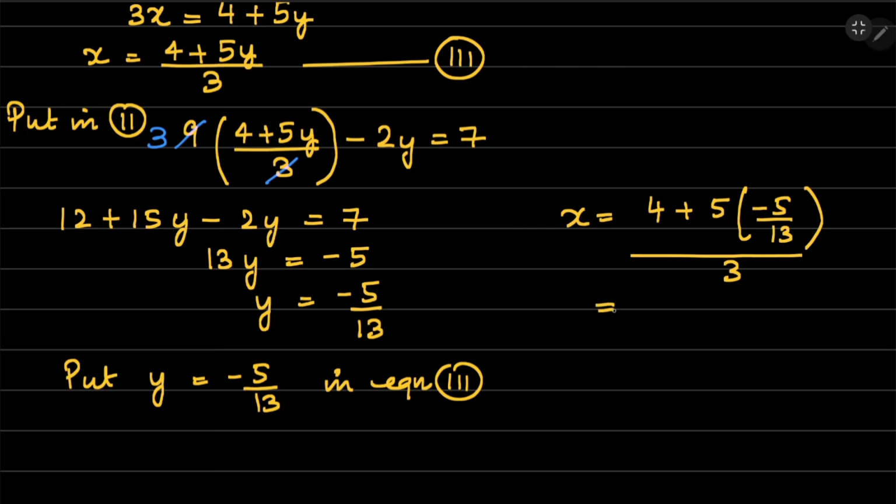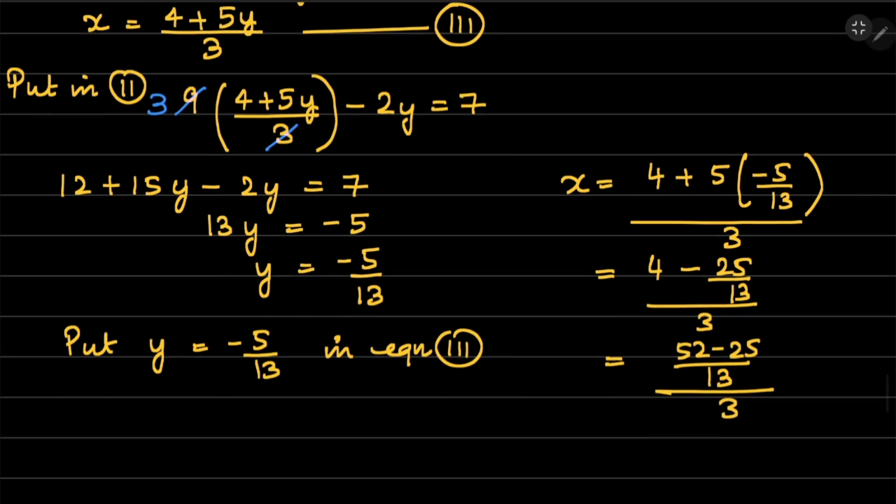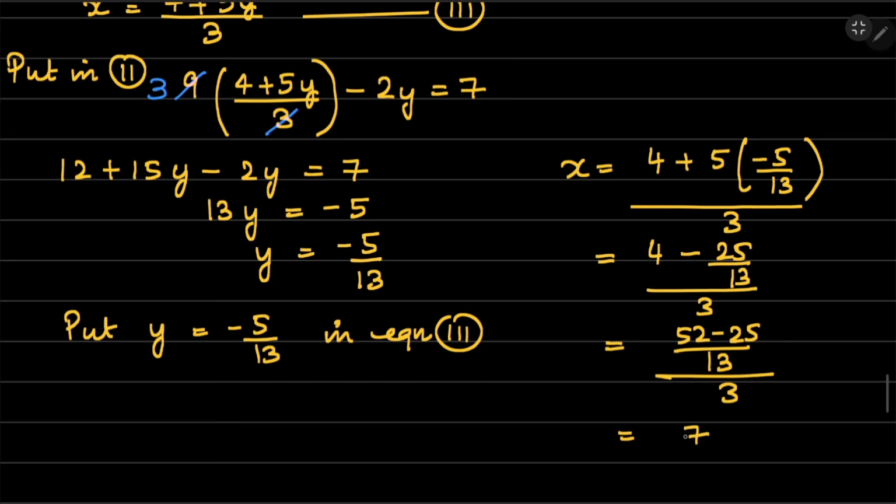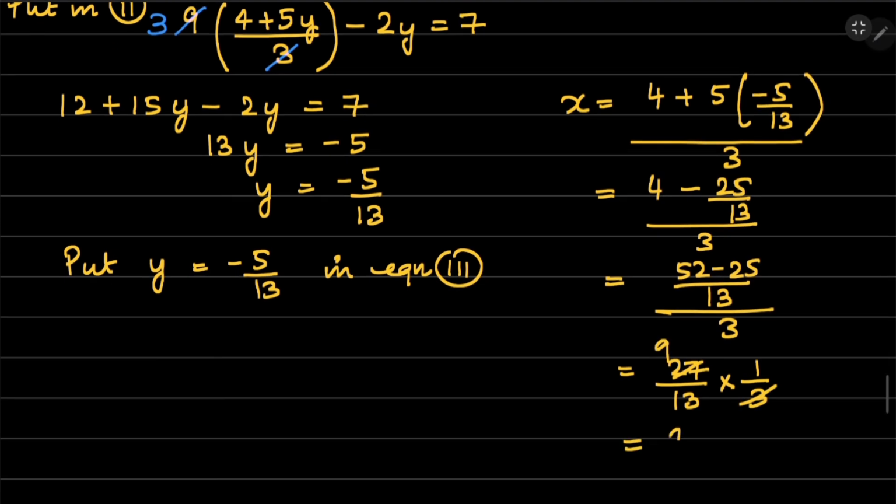Okay, let's solve this. So you'll be getting 4 minus 25 by 13, all by 3. Take the LCM. In the numerator it is 13. So 13 into 4, 52 minus 25 by 3. So what is it? 27 by 13 multiplied by 1 by 3. So again, this is nothing but 9 by 13.